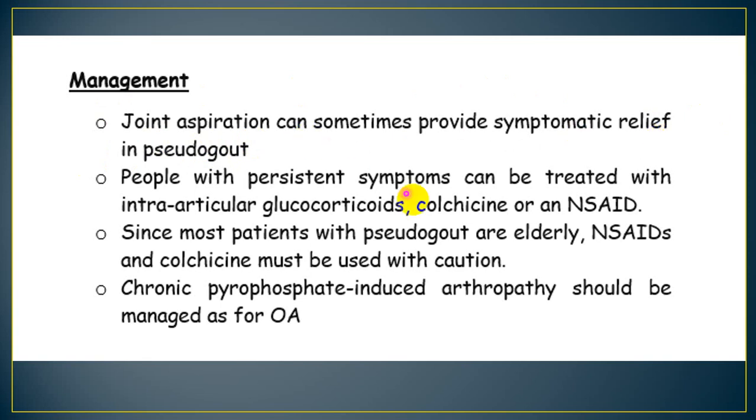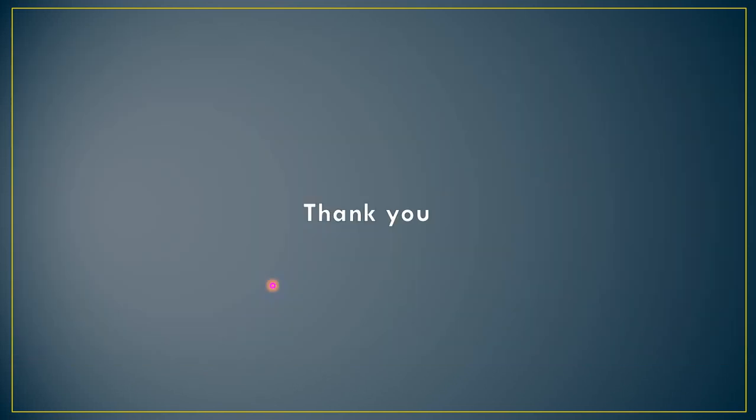Next, colchicine, non-steroidals or steroids can be used in the same manner as in patients with gout. In patients with chronic arthropathy, we need to look for and treat the underlying cause that led to the chronic illness. But in the majority of patients we treat symptomatically as if the patient has osteoarthritis.